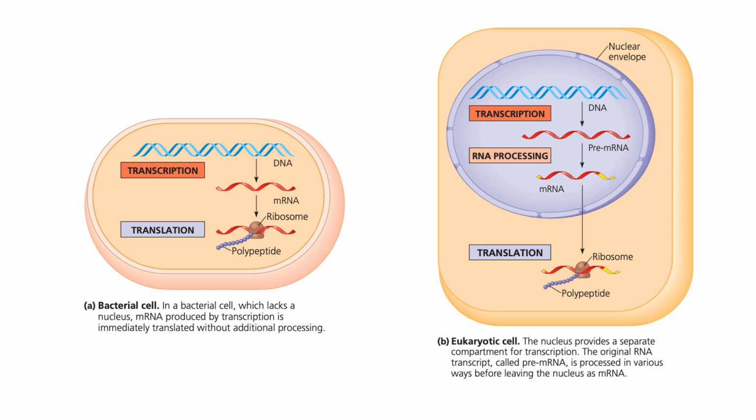In a prokaryotic cell, in this example a bacterial cell which lacks a nucleus, mRNA produced by transcription is immediately translated without additional processing. However, in a eukaryotic cell, the nucleus provides a separate compartment for transcription. The original RNA transcript, called pre-mRNA, is processed in various ways before leaving the nucleus as mRNA.